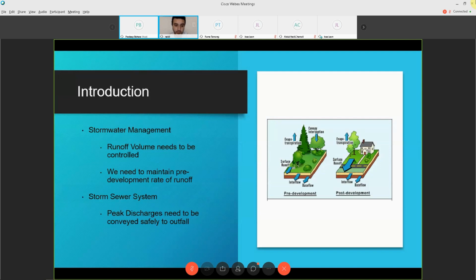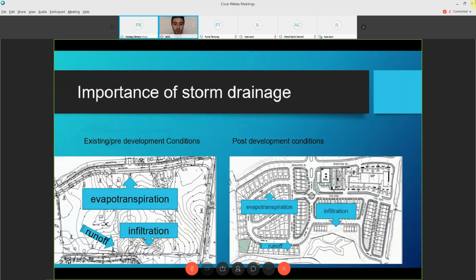For the storm sewer system, the peak discharge needs to be conveyed safely to the outfall. Next slide, please. Here we have the pre-development and post-development conditions, and we can notice that the same process of evapotranspiration, runoff, and infiltration has been maintained. Next slide, please.